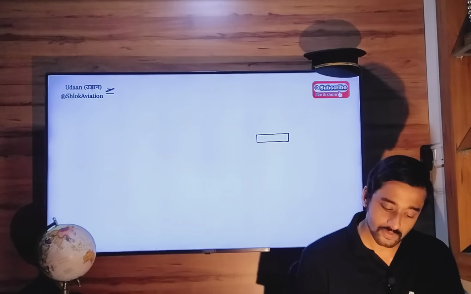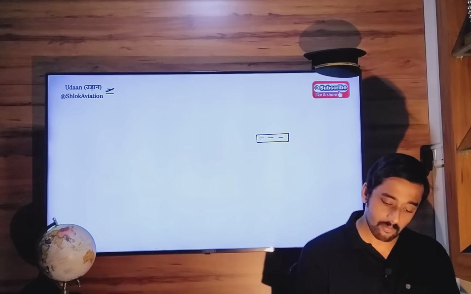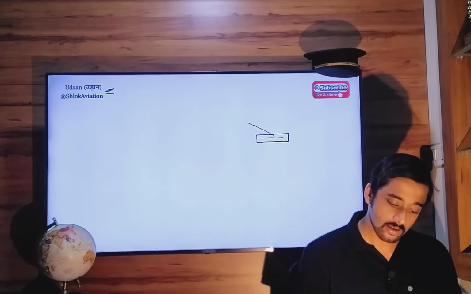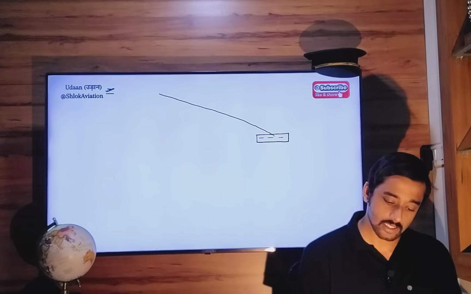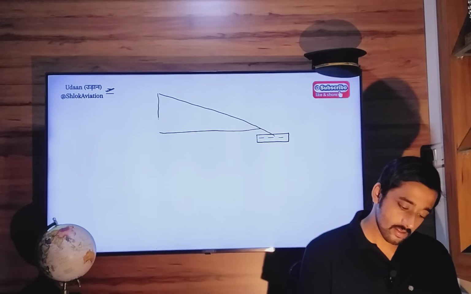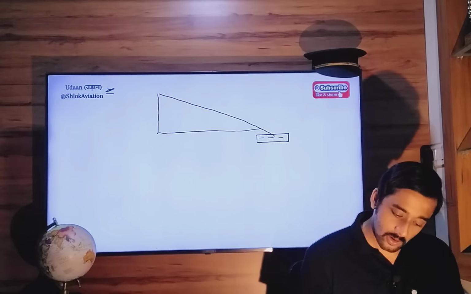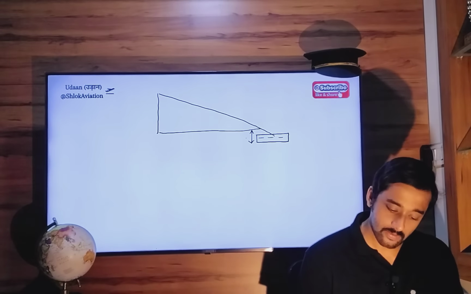So let's say this is your runway, and the glide slope passes at a height of 50 feet above the runway. Something like this. Okay, 50 feet above the runway.